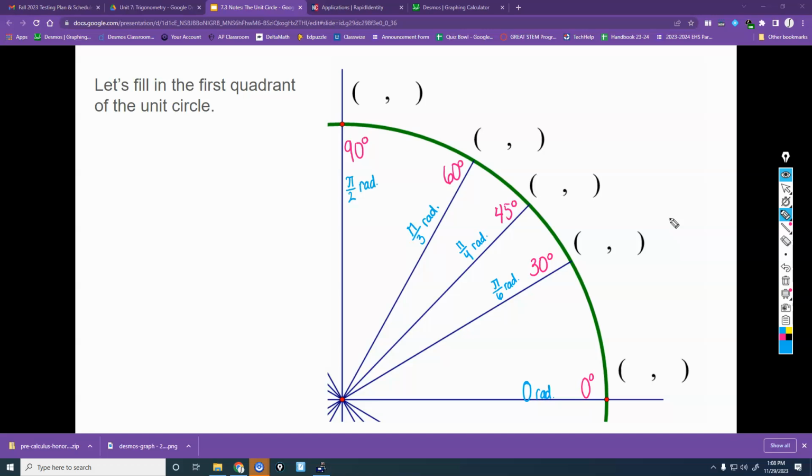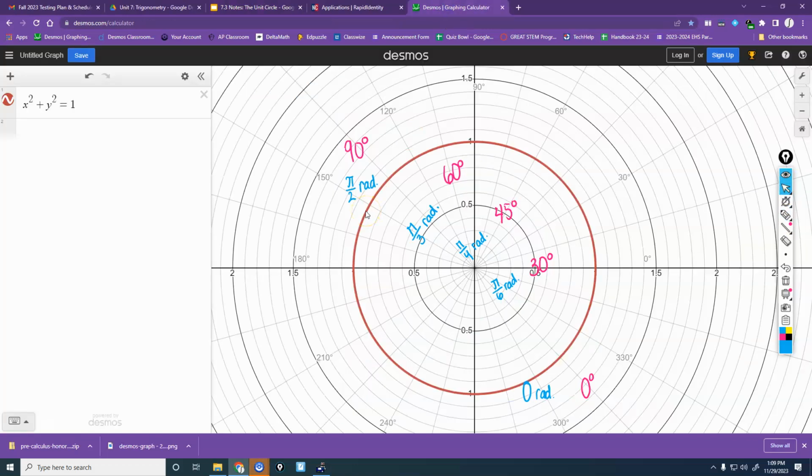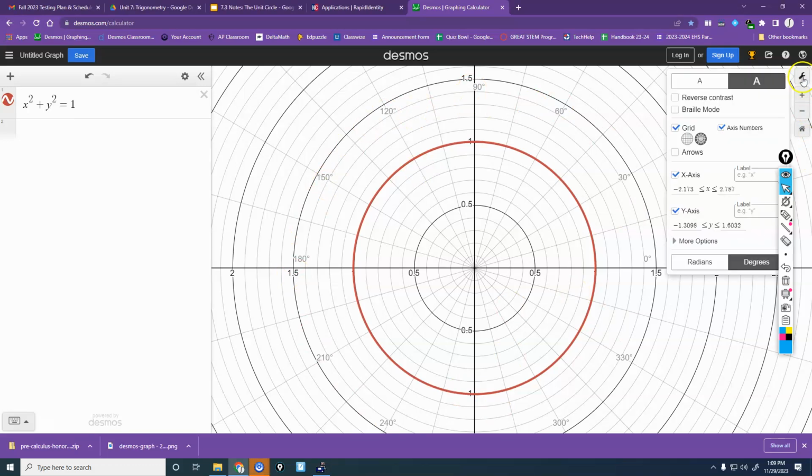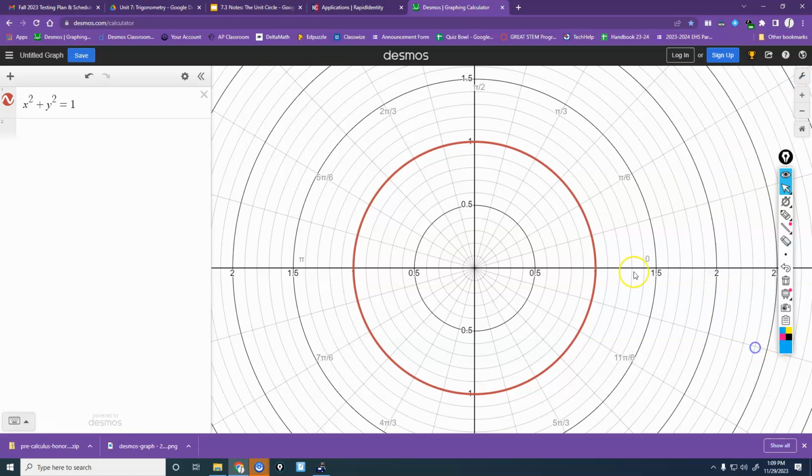Now, the good news again is you don't have to memorize too many of them, because Desmos will give you most of them, right? If you click over here on Desmos right now, it's in degrees. I got 0, 30, 60, 90, 120, 150, 180. It's giving me my degrees. If I hit the wrench and I change it down here back to radians, it will give me those in radians.